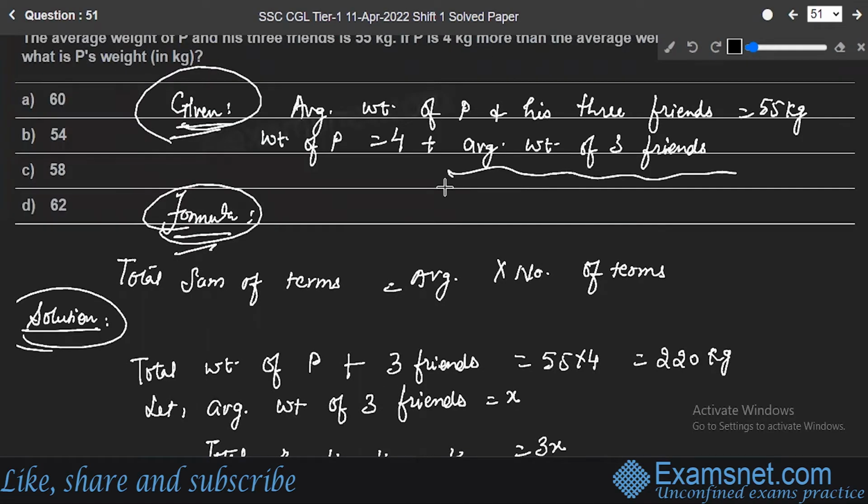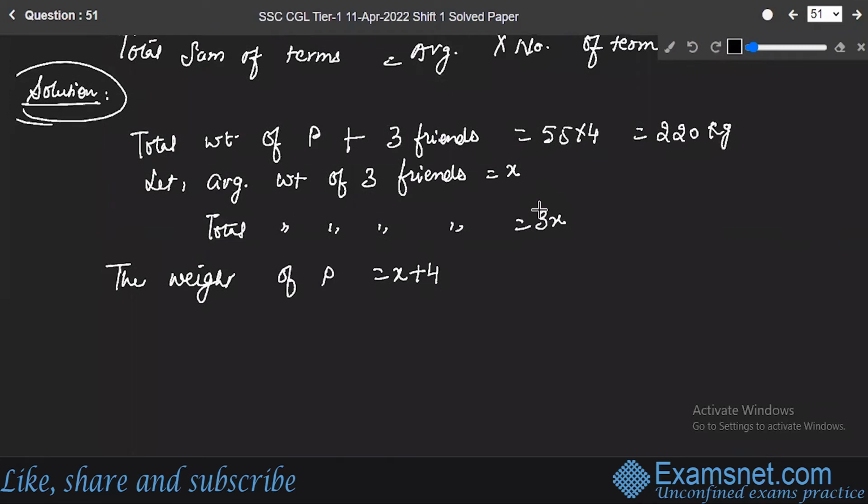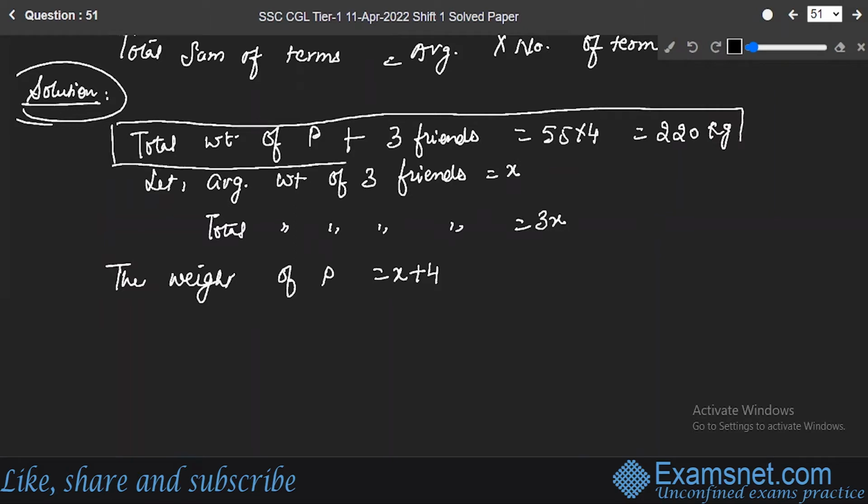See, right? So I'll be filling in the values now. I'll be filling the values in this portion.